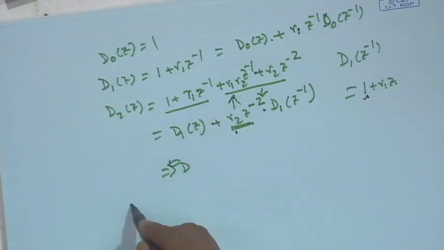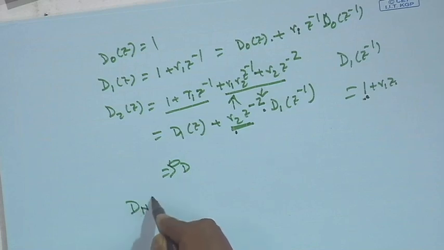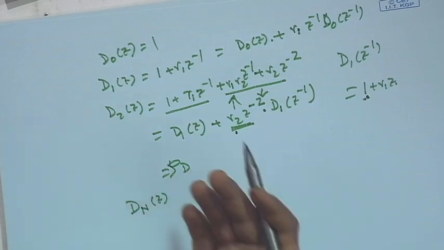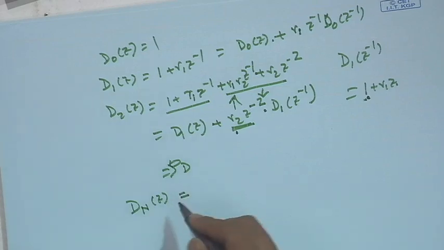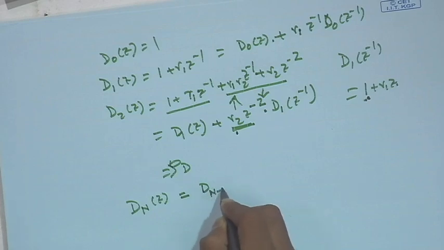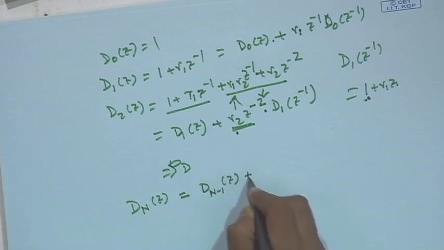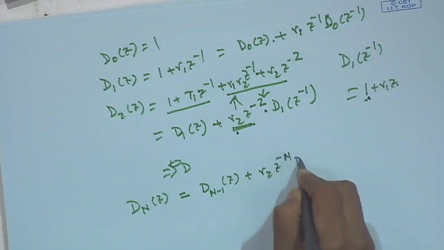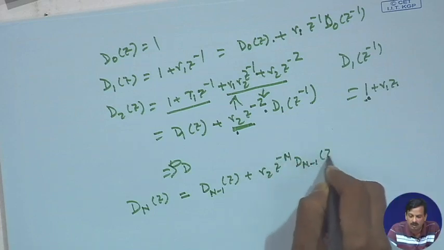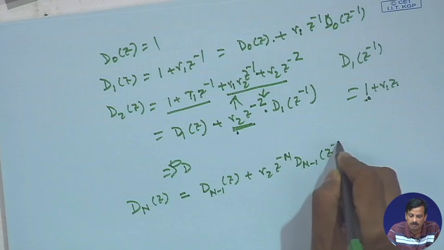Similarly, I can write d_n(z) or d_k(z) for the nth tube, n number of tubes. This is d_{n-1}(z) plus r_n z to the power minus n d_{n-1} of z to the power minus 1.